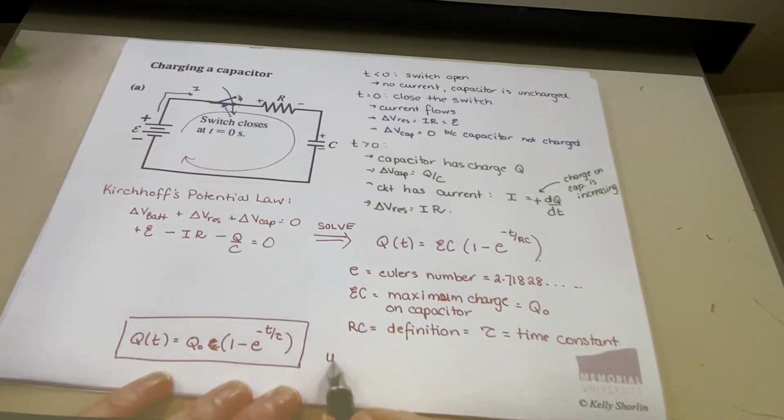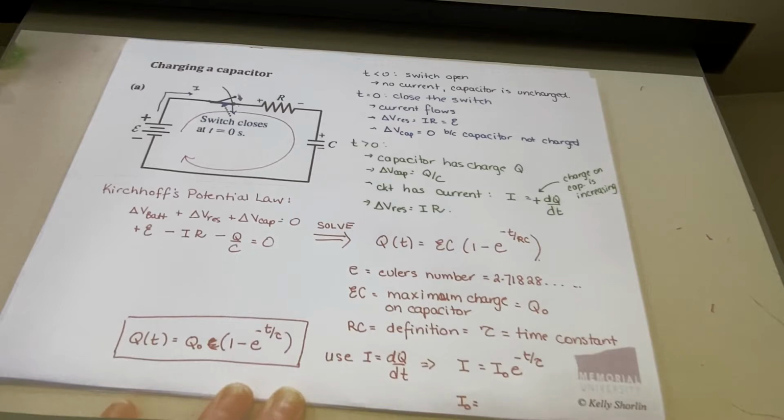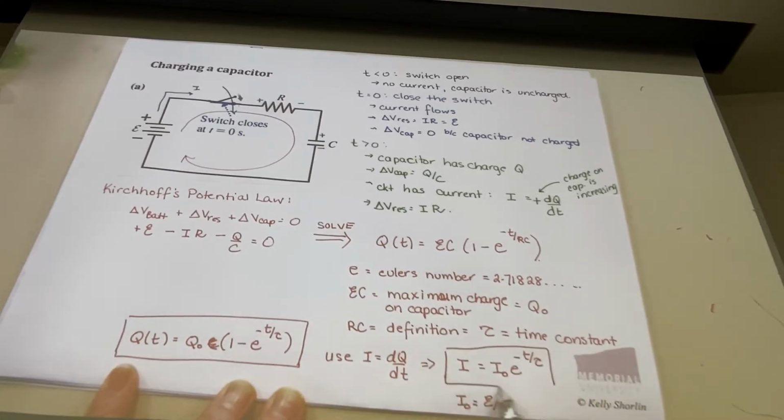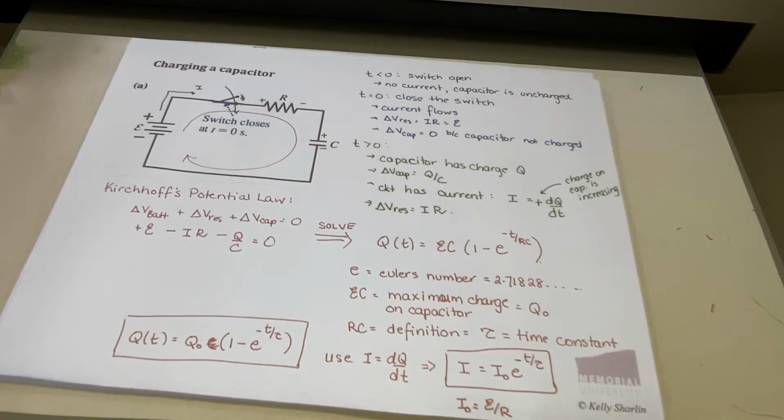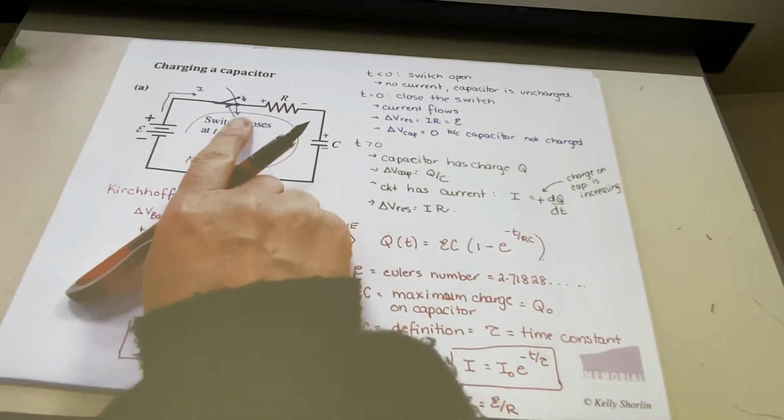If we use our relationship, I is the derivative of q with respect to time, what we get is that our current I is equal to I0 e to the minus t over tau, and that I0 is the maximum current going through the circuit, which would be the potential divided by the resistance R. And in this relationship, if we put in t equals 0, we have our maximum current, so current flows really well at the beginning.